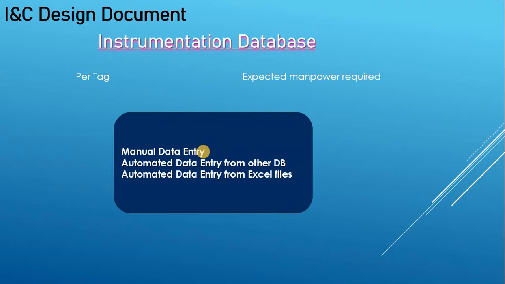Now we will look at how you get the data in. So you start with, let's say, on a P&ID you have a valve or a transmitter. You start with this transmitter, create a tag, and then you attach to this tag a datasheet form, and then add to this tag, let's say if it's a transmitter, the range, the DCS high and low, and then alarms and all of those things. So in this case, you enter some or most of this data manually.